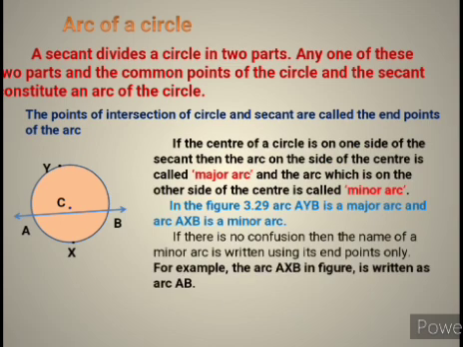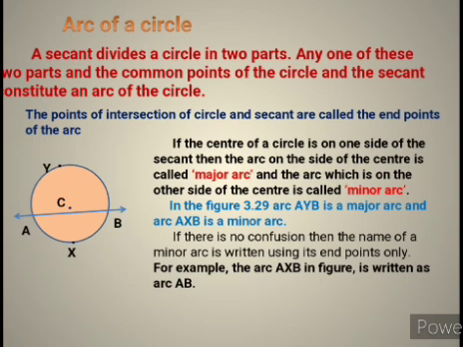If the center of a circle is on a side of the secant, then the arc on the side of the center is called the major arc, and the arc which is on the other side of the center is called the minor arc. In the figure, arc AYB is a major arc and arc AXB is a minor arc.